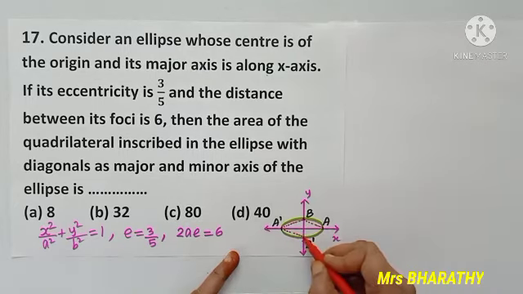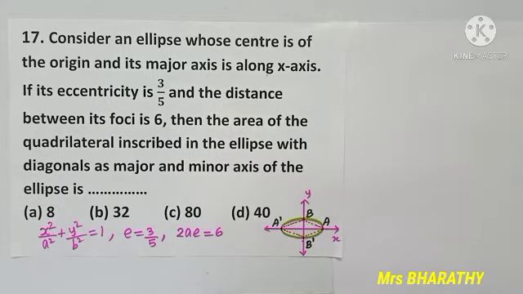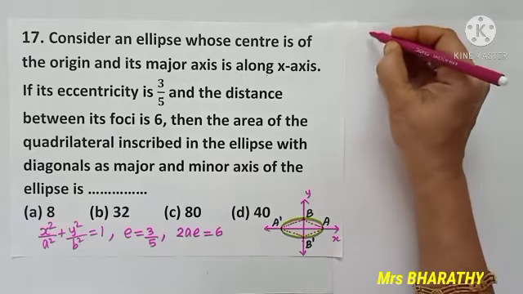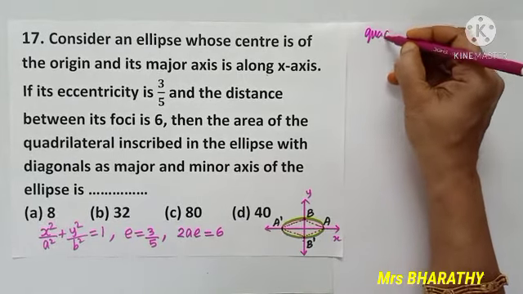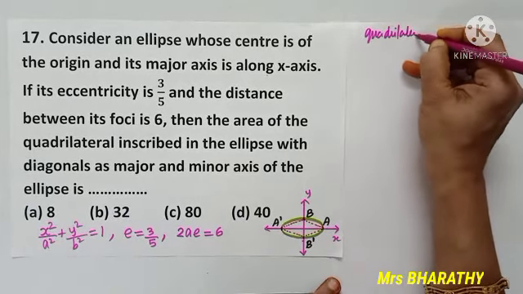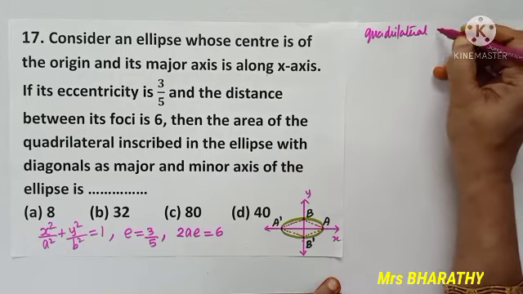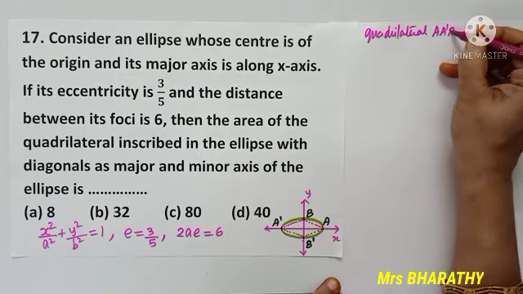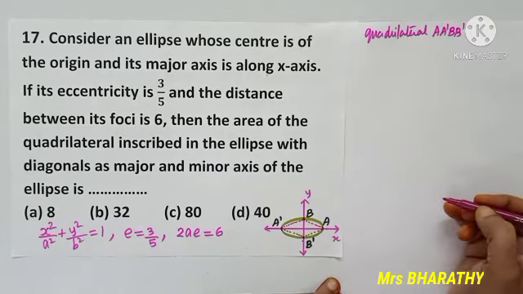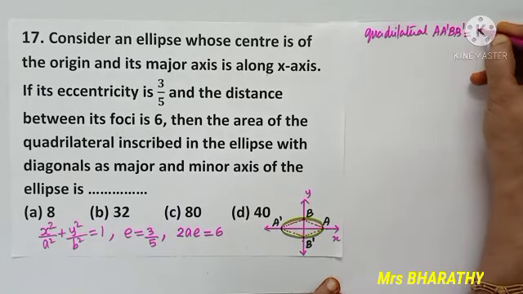The question is to find the area of the quadrilateral. How am I to find quadrilateral area? I need to find out A dash, B dash. But I can say it is 4 times triangle.